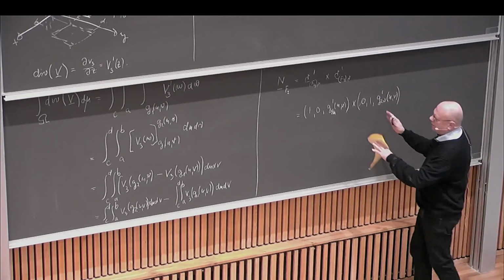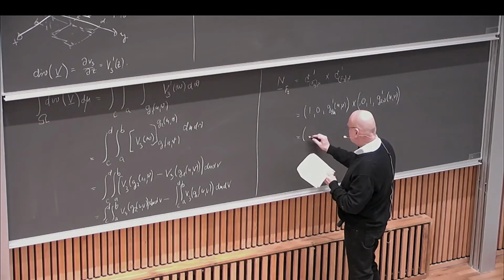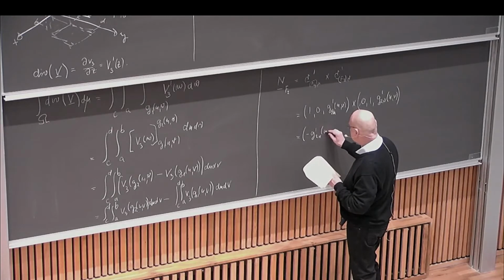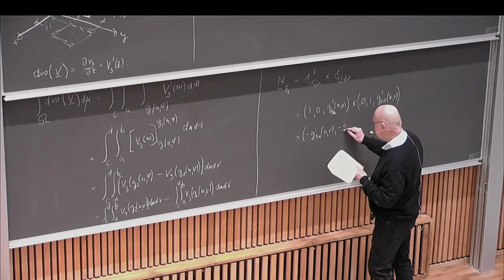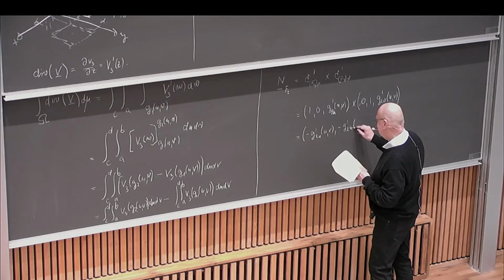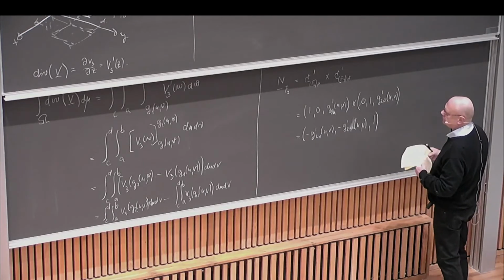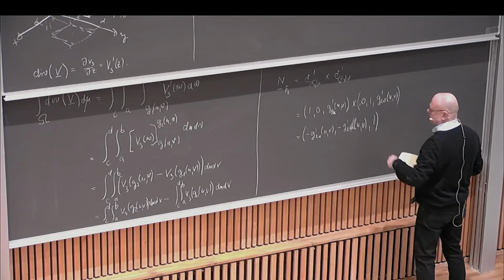And when I make this cross product, I get minus the derivative of G2 with respect to U for the first coordinate, and then minus the derivative of G2 with respect to V for the second coordinate, but for the third coordinate I just get 1. 1 times 1 minus 0 times 0.